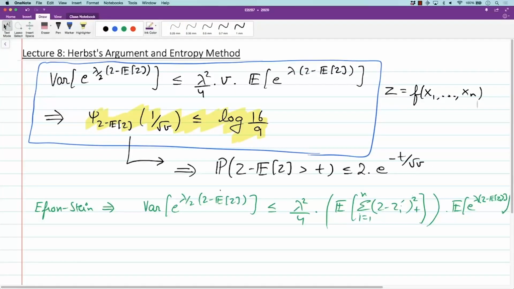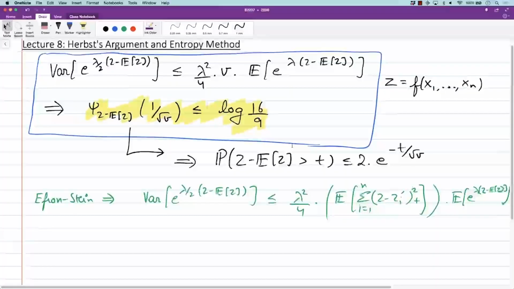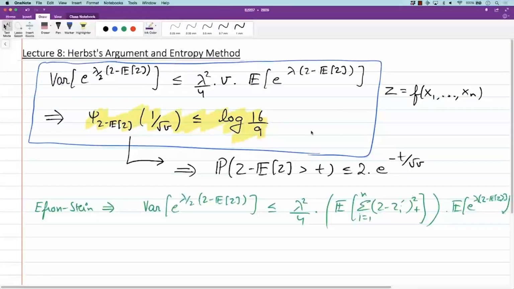Today we will derive another inequality like this; instead of variance, it will have some other quantity which looks very much like variance, and that functional inequality will also imply a bound for the log moment generating function. This will lead to a very different approach for proving concentration bounds, the so-called entropy method.